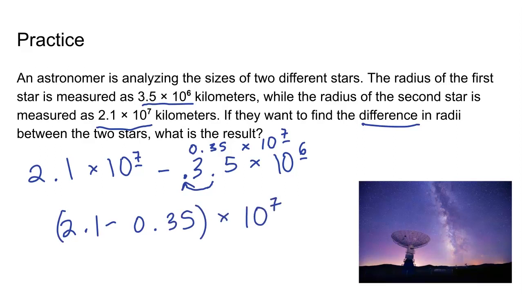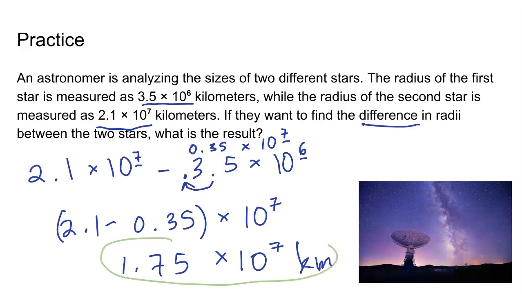And 2.1 minus 0.35 is 1.75 times 10 to the 7th power. And make sure to add the units, which is kilometers. So the difference in the radii between the two stars is 1.75 times 10 to the 7th kilometers.